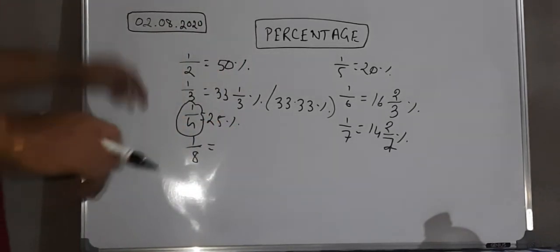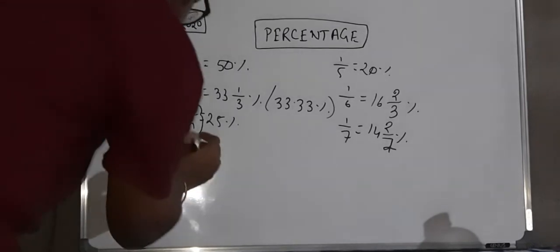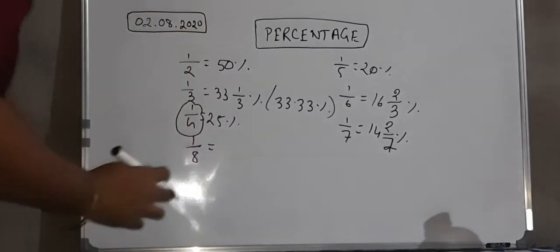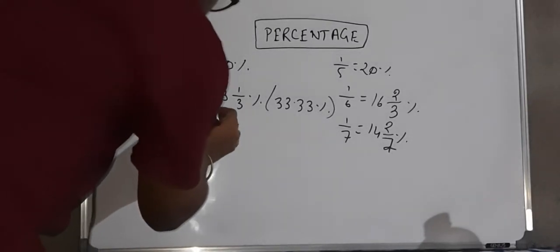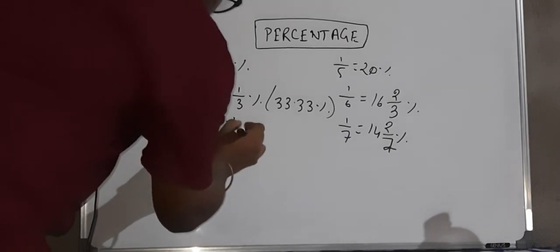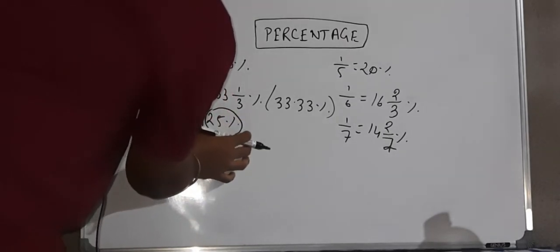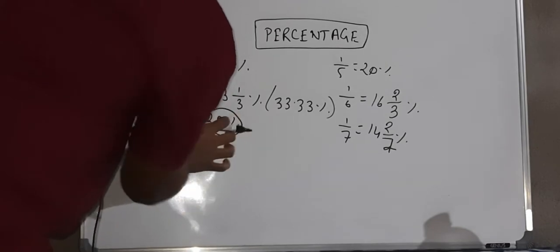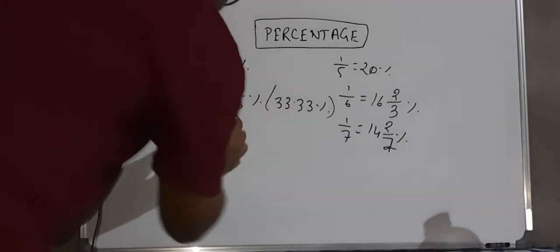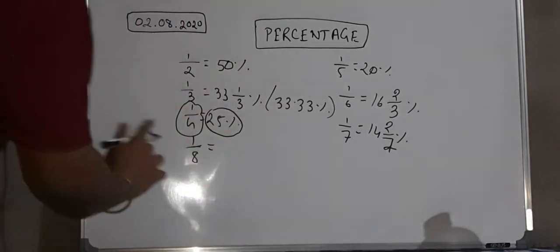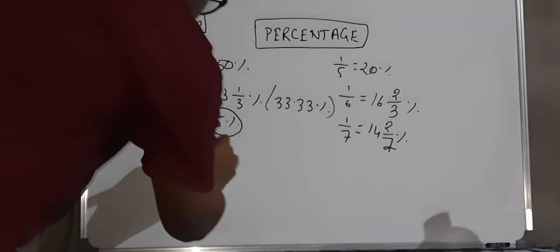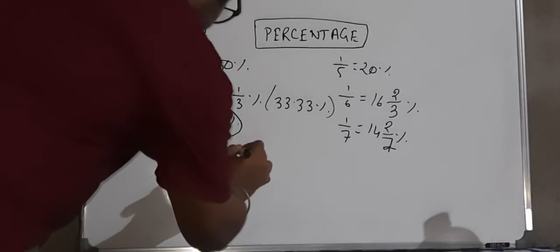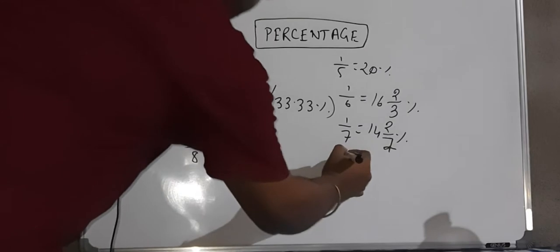Basically 1 by 8 is half of 1 by 4. So the percentage form will also be half of 25%. 1 by 4 is 25%. So 1 by 8 is half of 25%, which is 12.5%.